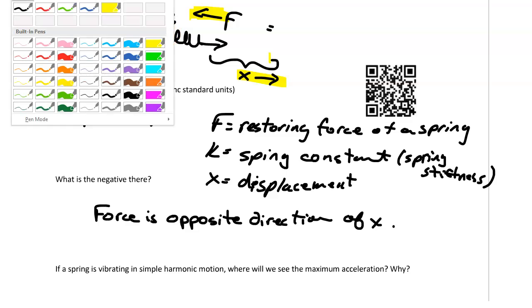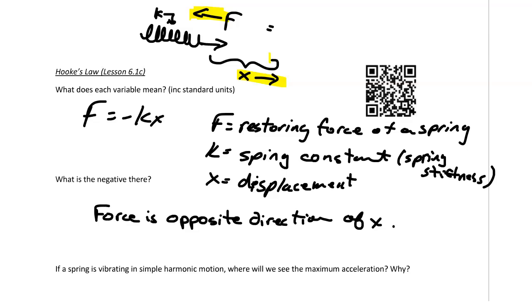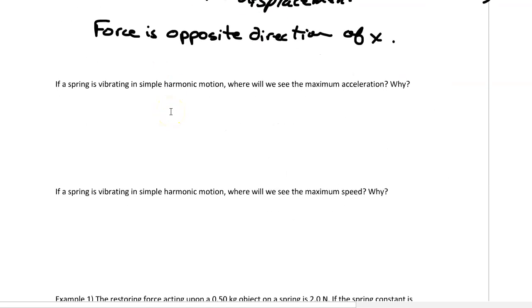So, if we think about something vibrating back and forth in simple harmonic motion, let's say I've taken the spring and this object is bouncing up and down. Where would we see the maximum acceleration? Well, maximum acceleration implies maximum force.